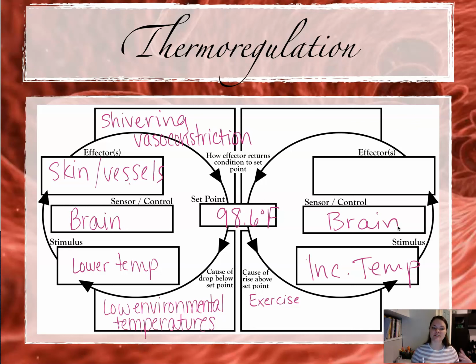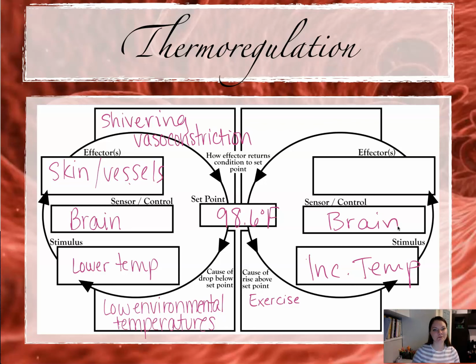So just like vasoconstriction is going to limit how much heat loss there is into the environment, if those blood vessels open way up, that's going to increase how much blood is right under the surface of the skin. If you've got a ton of blood that's pumping right through under the surface, then there's the potential for a lot of heat loss. How do you increase heat loss?